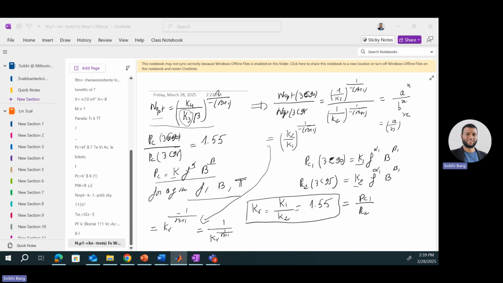Now we need to understand the effect of beta in this equation, 1 over beta plus 1. It's a decreasing function. If I increase beta, the function will decrease, and if I reduce beta, the function will increase.